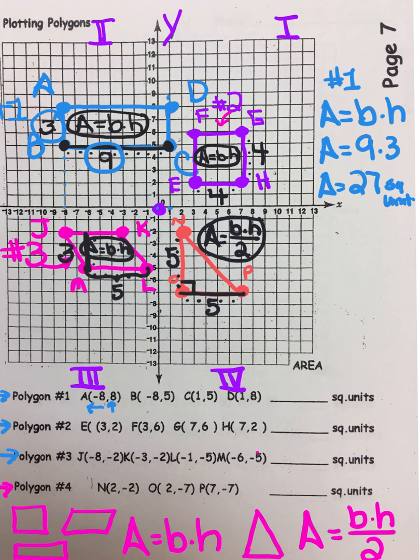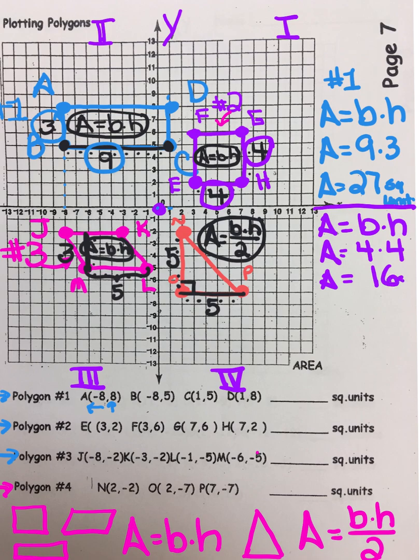Now for number 2, we look at the square. We see that we're going to use the same formula, base times height. Our base is 4 and our height is 4. So, off to the side, 4 times 4 gives us an area of 16 square units.